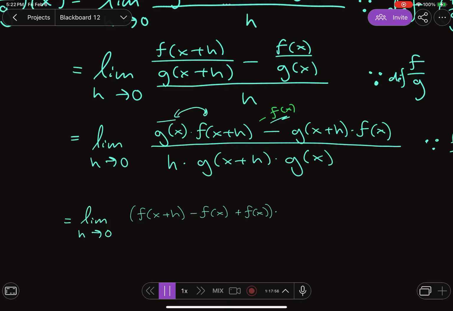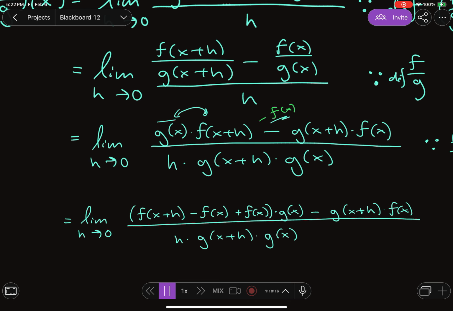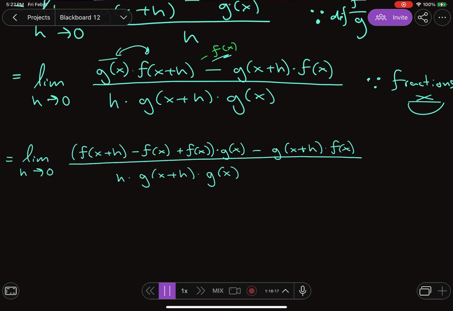Then I still have this times g of x. And then I have minus g of x plus h times f of x, all divided by h times g of x plus h times g of x. All right, let's maybe do some distributive property right here. So this g of x is going to distribute to the f of x, and it's also going to distribute to this thing right here. So let's see what we'd come up with. I'm going to put this in parentheses right here because those two pieces belong together because we know what the derivative looks like, and that's in my brain.